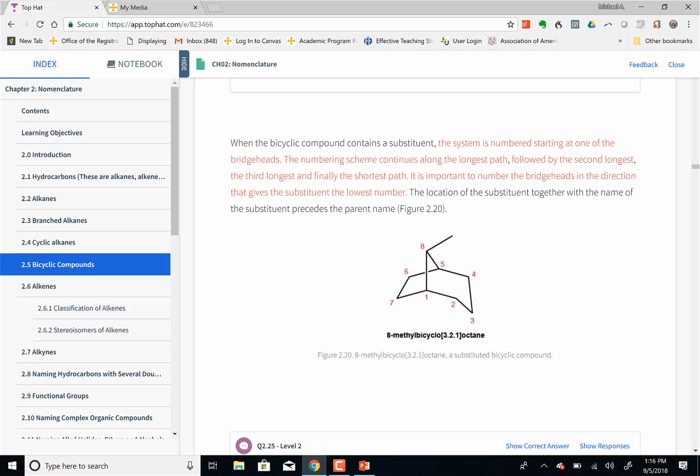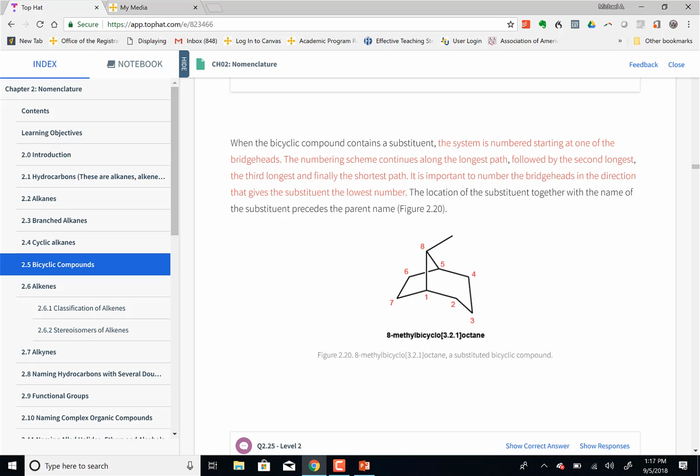So if you looked at this one, for instance, if we forget about the methyl group that's right there, we would say that this has 8 carbons in it, so it's a bicyclooctane. These 2 carbons are the bridgeheads. So on this side we've got a 2.